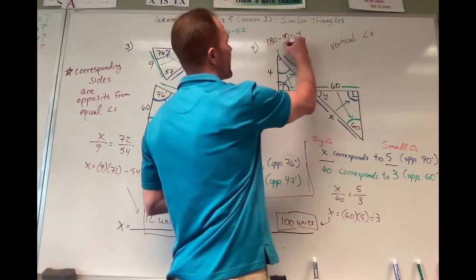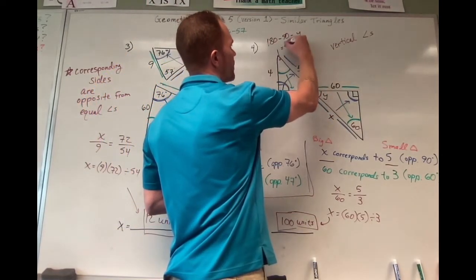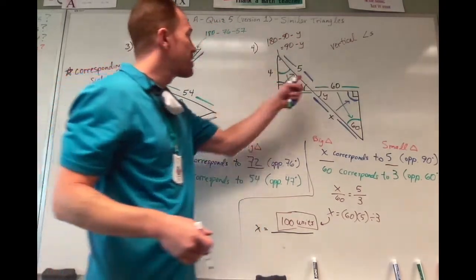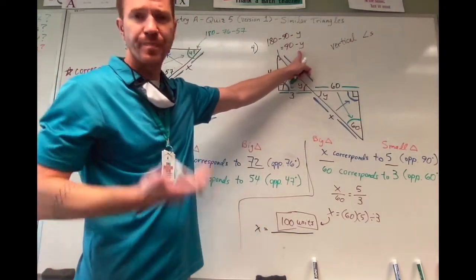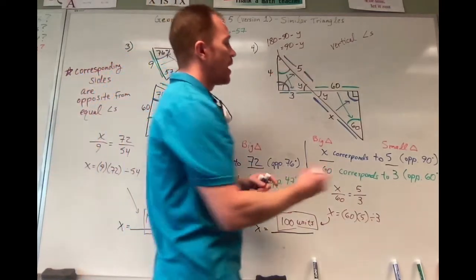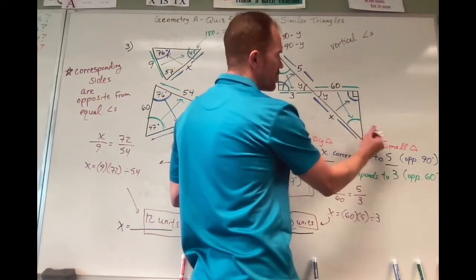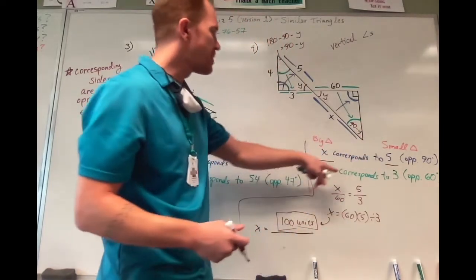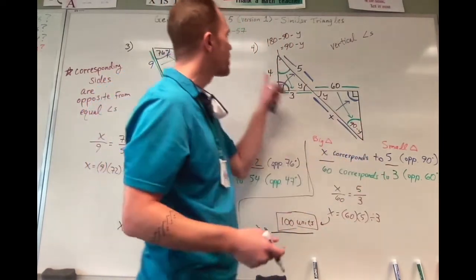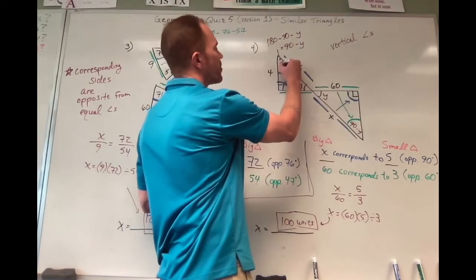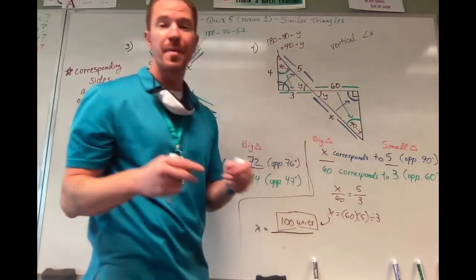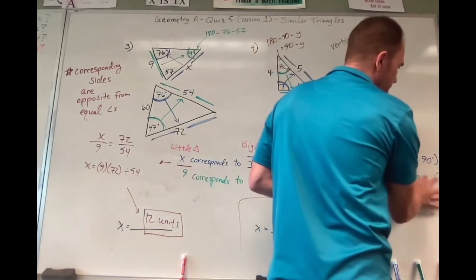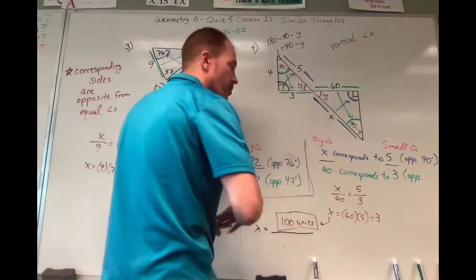That simplifies to 90 minus y. You can subtract 180 minus 90, but then you're still supposed to take away the y, and we would just leave it like that. Here would be the same thing, 90 minus y. And then you could say 60 corresponds to 3 because they're both opposite from an angle that measures 90 minus y degrees. So that's the technical thing there.